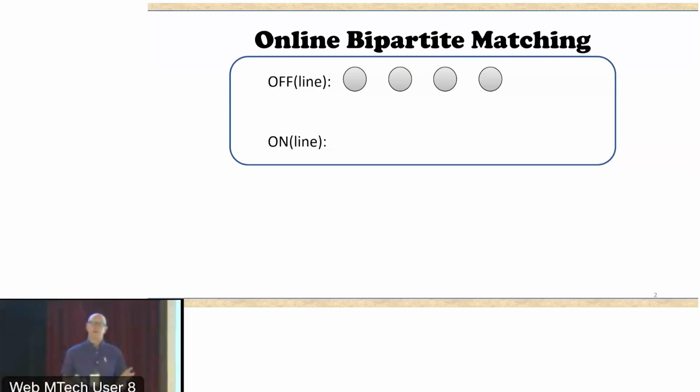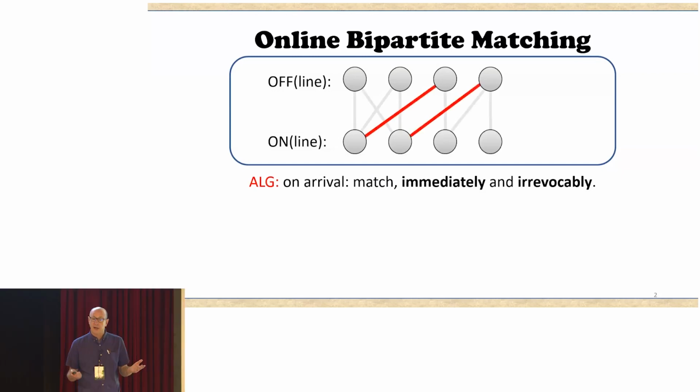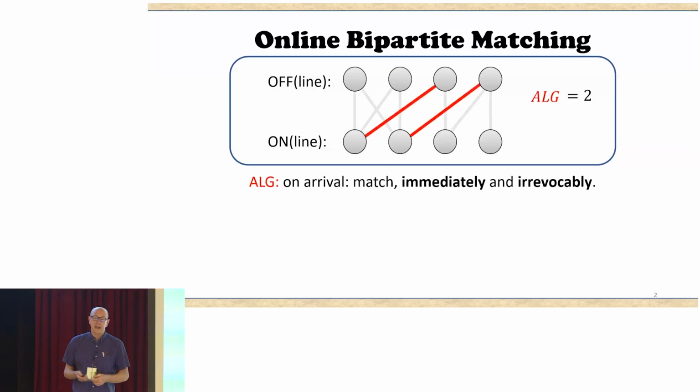We have a bipartite graph. One side is the offline vertices, and this side is known in advance. And now the online vertices come one by one. When one arrives, we're unable to match it.